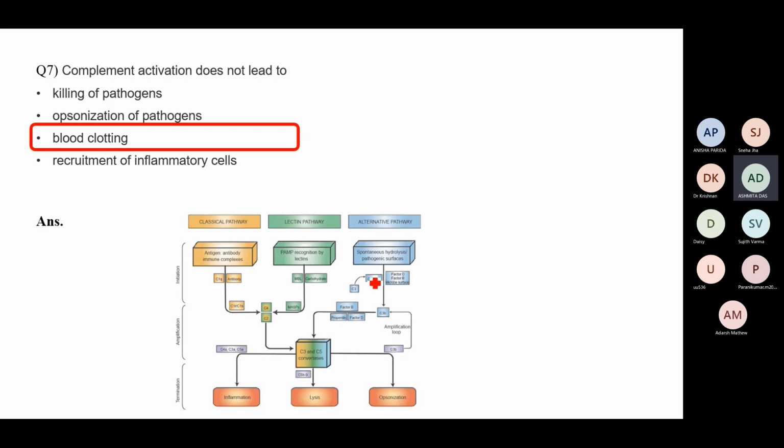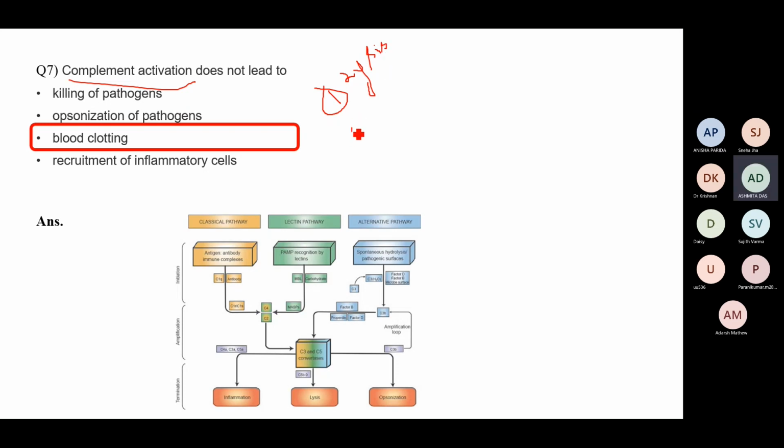Now I'm going to say there are three main effects created due to complement activation. The first one is lysis of cell.